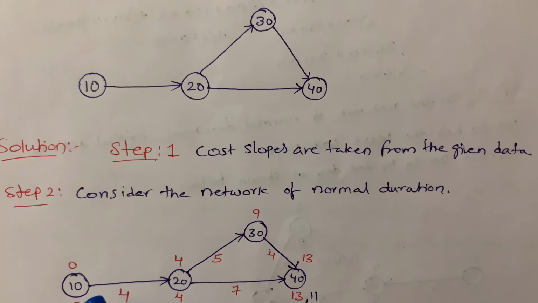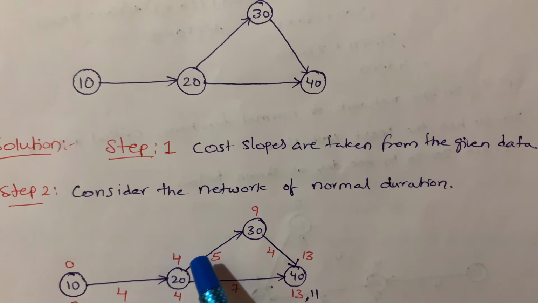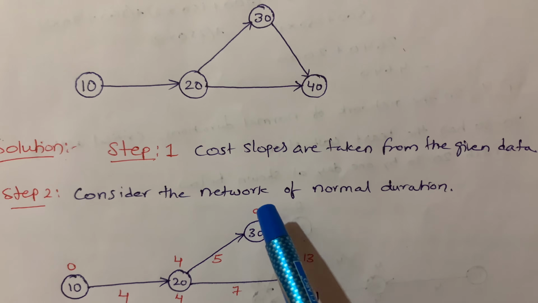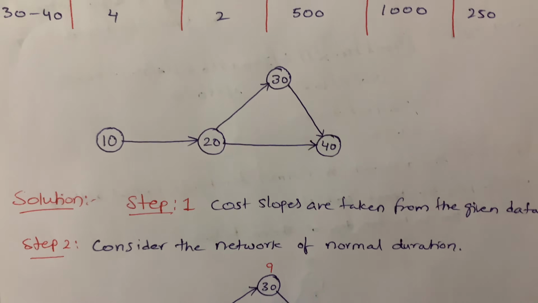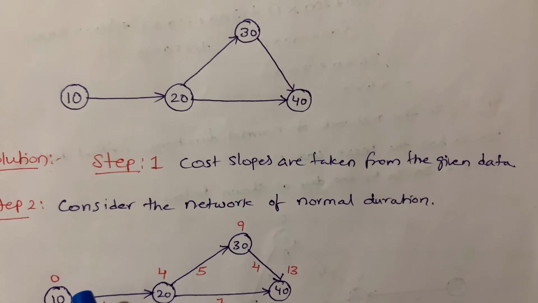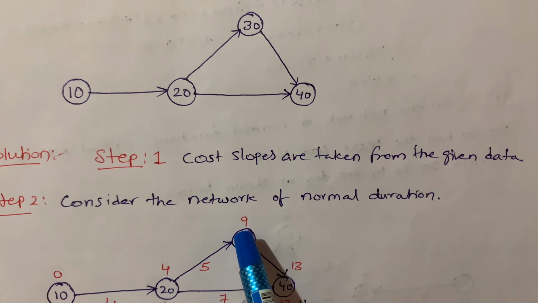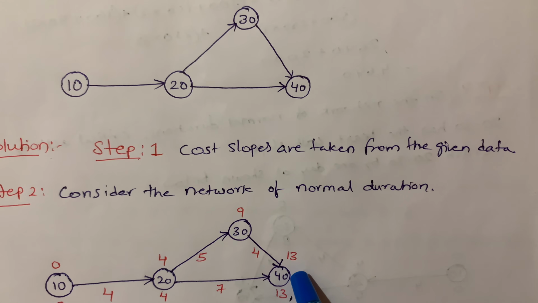To complete these two activities we add 4 plus 5, 9. After that, the 30 to 40 activity duration is 4 days. So to complete 10 to 20, 20 to 30 and 30 to 40, 9 plus 4, 13.